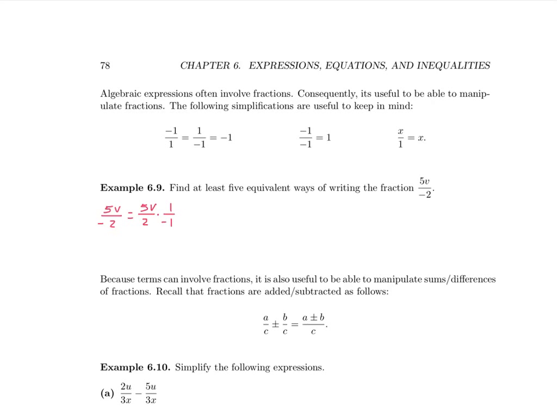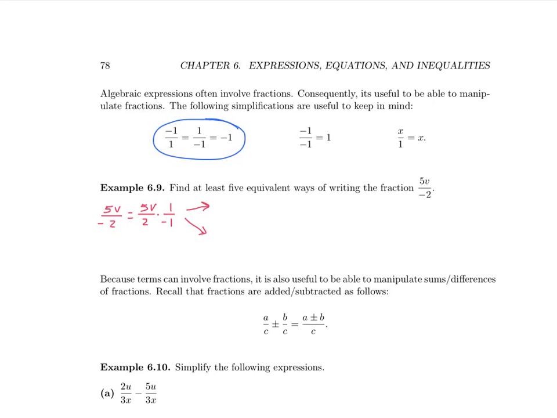Now, why should this equal this? Well, remember how we multiply fractions. We multiply the numerators and we multiply the denominators. And if you do that here, you are arriving back at this fraction. So, now from this point, there are 2 directions that I could go using this result.